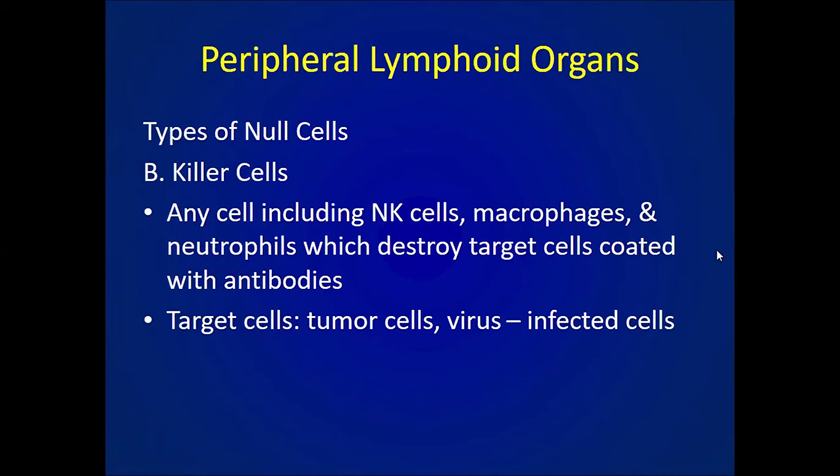The process of coating the antigen with antibodies is called opsonization. These target cells could be either tumor cells or virus-infected cells. So those are the two types of your non-B, non-T cells.